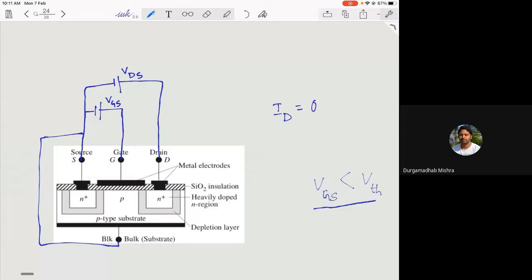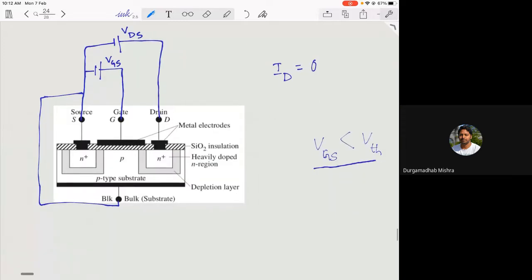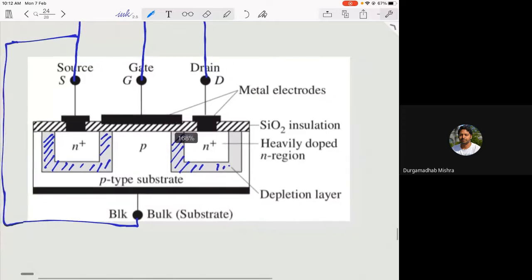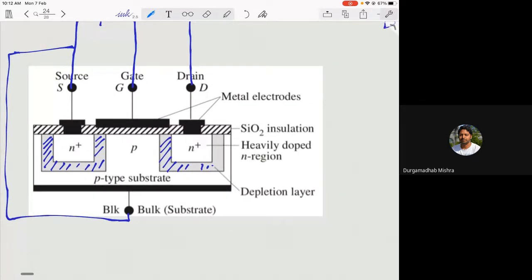Because when you look at the device, you have an N plus region or N type, then you have an N type drain and a P type. Then immediately you will have a depletion layer, right? This is your depletion layer that will form, similar to your PN junction, like your diode. So you have the depletion region. That means no channel has been formed between the source and the drain.